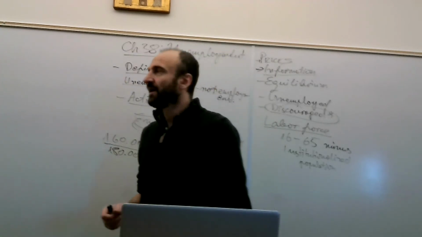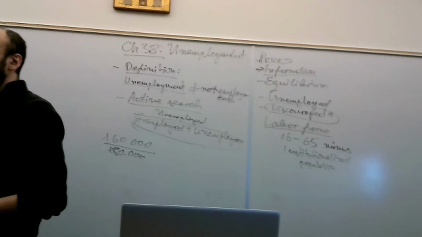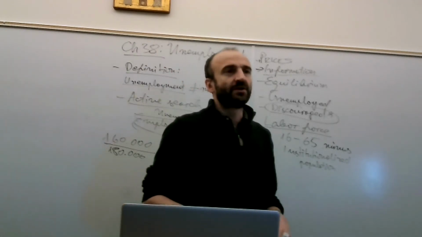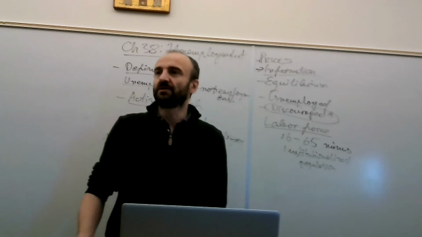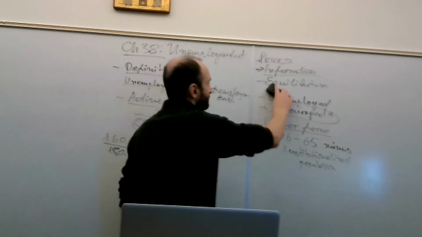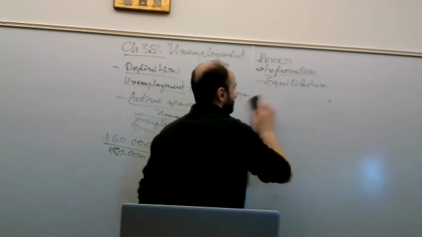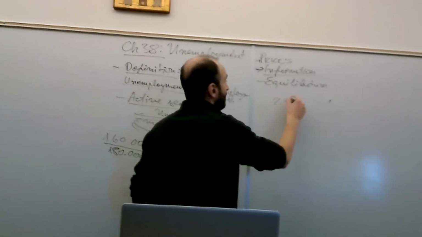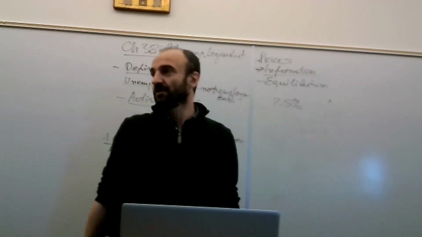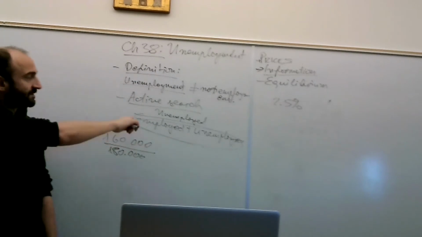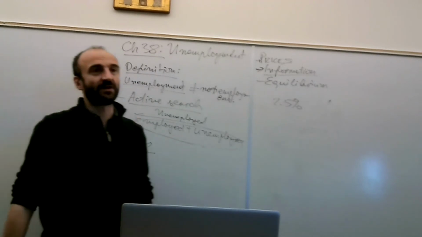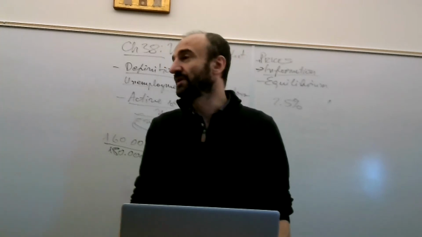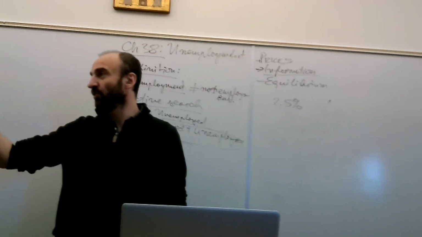unemployment. Now, more theoretical stuff. Can anyone tell me what you think the optimal unemployment rate should be? 2.5. Why 2.5? Percent. So that's the number. Let's say 25 people out of 1,000. Yeah, 25 people out of 1,000 people who are either employed or unemployed.